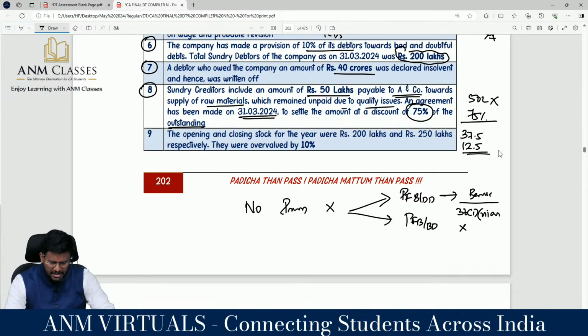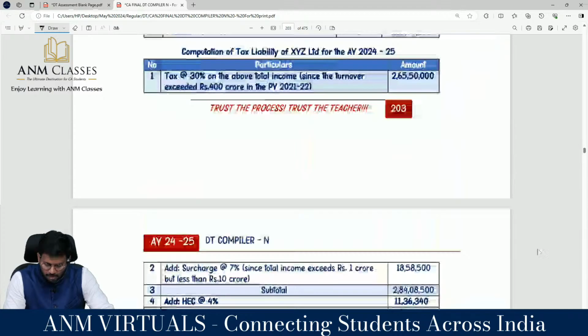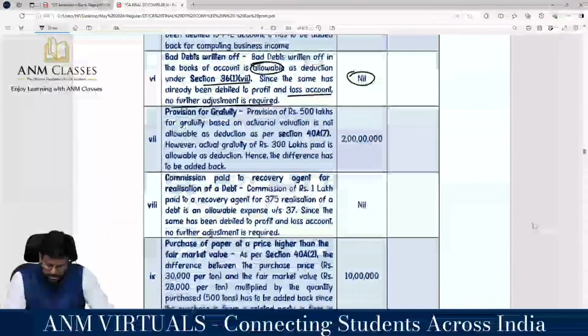This 12.5 lakhs should be treated as income at a discount of 75%. So it should be treated as income as per section 41 subsection 1, which is the remission or cessation of trading liability. Right?